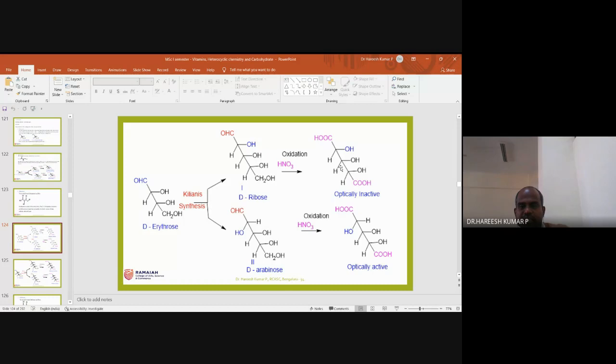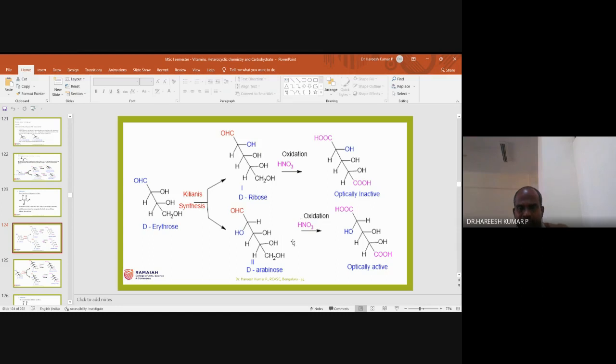The plane of symmetry means an imaginary line passed through the center of the molecule, and if it bisects the molecule and gives two equal halves, then such a molecule will have a plane of symmetry. More particularly, when an imaginary line is passing through this carbon, this moiety has a plane of symmetry, and this is optically inactive.